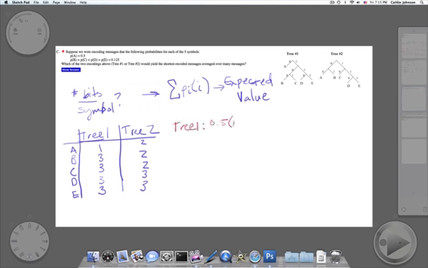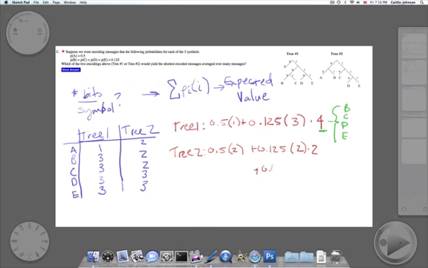For tree 1, we have 0.5 times 1, A, 1 bit. 0.125 times 3 bits for all of B, C, D, and E, so we'll just say times 4. Tree 2, again, A is 0.5 probability, but this one uses 2 bits. 0.125 probability and 2 bits for both B and C. 0.125 probability and using 3 bits for both D and E. So this one was for B and C, and that one was for D and E. So we just need to simplify these and do some math.